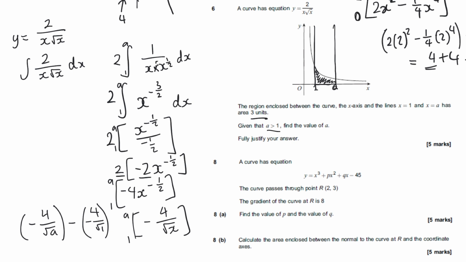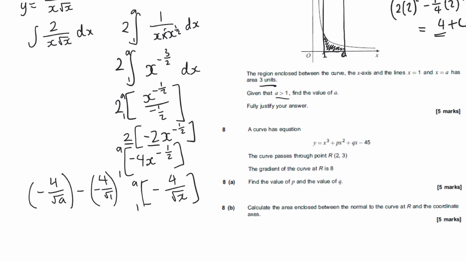Minus 4 over root 1 is minus 4 over 1, so that's just minus 4. So we know that bracket is going to be minus 4 over root a minus minus 4. Two minuses become a plus. And remember, because it's told us that the area is equal to 3, this is all equal to 3.